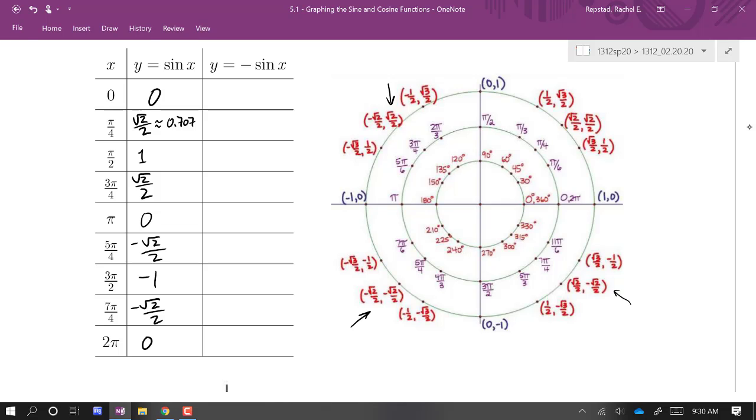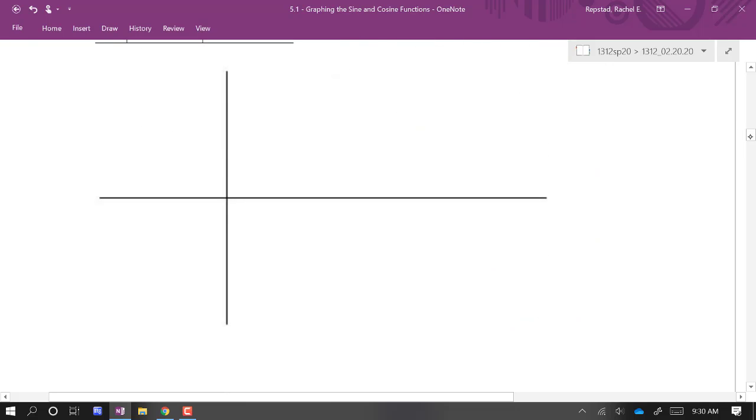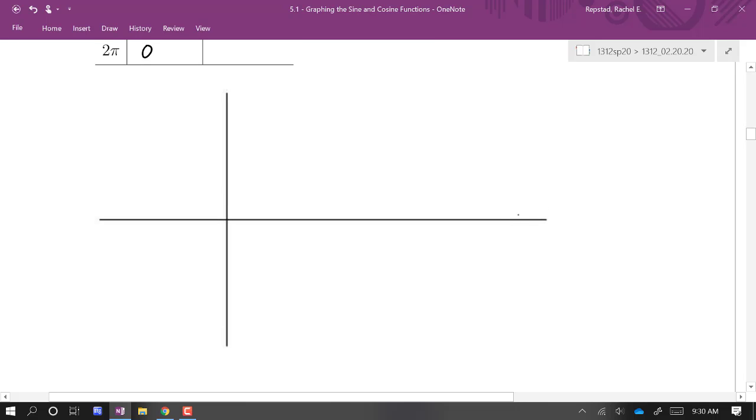So we're going to graph one period. Let's plot these points. I'm going to mark the end of my axis at 2 pi. And for all of these trig functions, the first thing I do is mark up the x-axis by cutting it up into fourths. So here's half of that, which is pi.